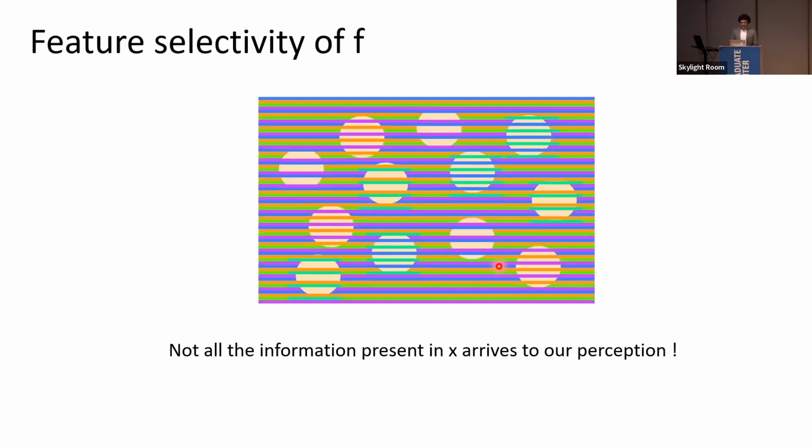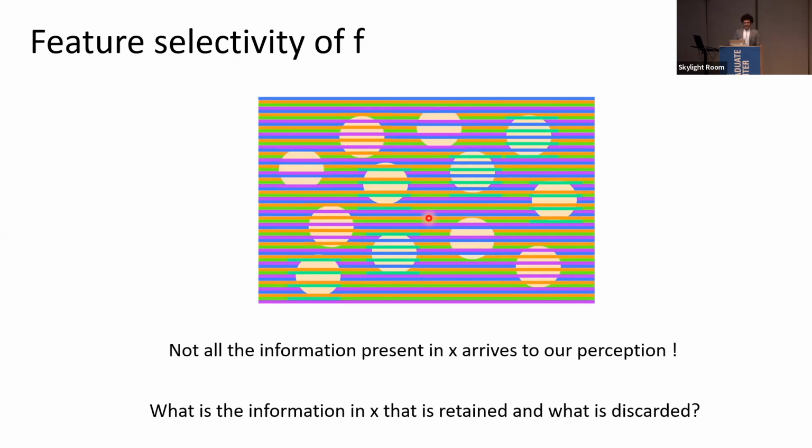Even though I swear to you that these are the same ellipses, depending on which lines I decide to enhance from the background, you will perceive the ellipses in different colors. This is because not all the information present in the image X in terms of pixel intensities arrives to our perception. The perception is shaped by the context in which you perceive X.